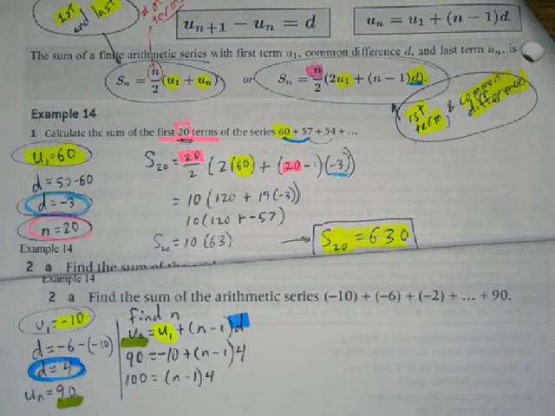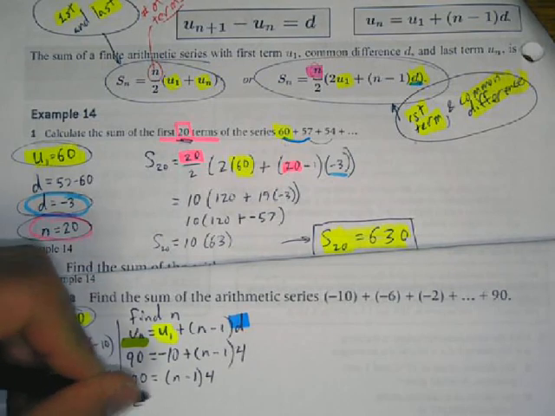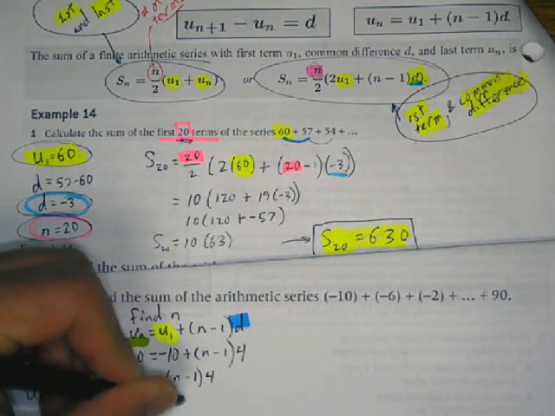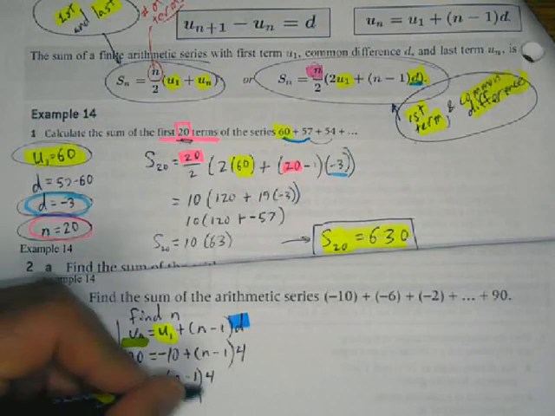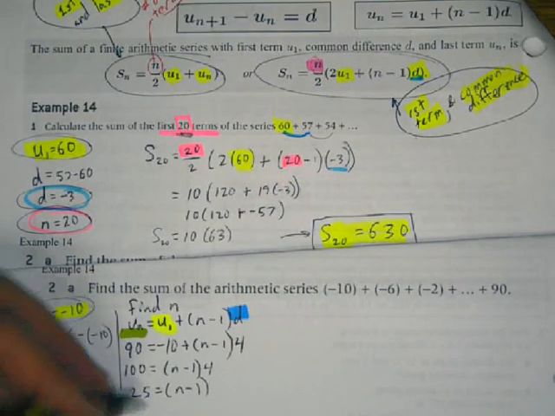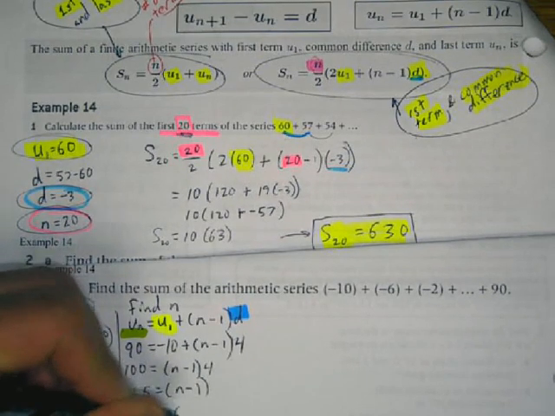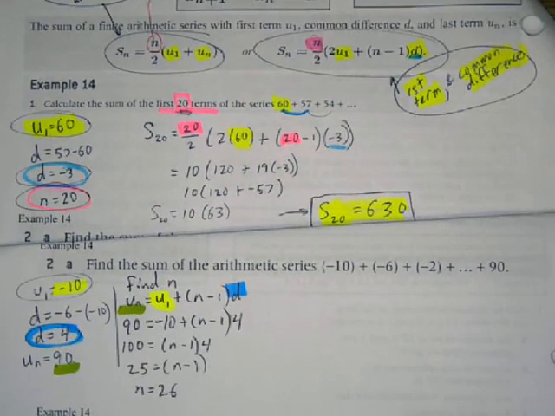And then I divide both sides by 4, and then I get 25 equals n minus 1. And then I add 1 on both sides, and I get n equals 26. Okay.